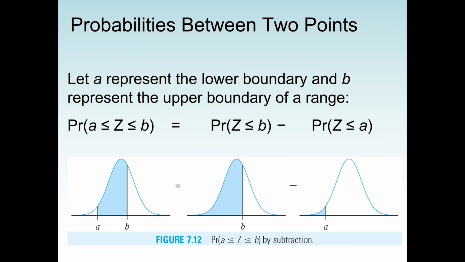I find the P value for A and the P value for B. Then I find the difference, B minus A, and that will give me the probability of the area that is shaded. So we use the two random variable values to find the two Z values, use the two Z values to get the P values, then we find the difference, B minus A. Now, if it's less than or equal to B, whatever we get from the table, that's final.